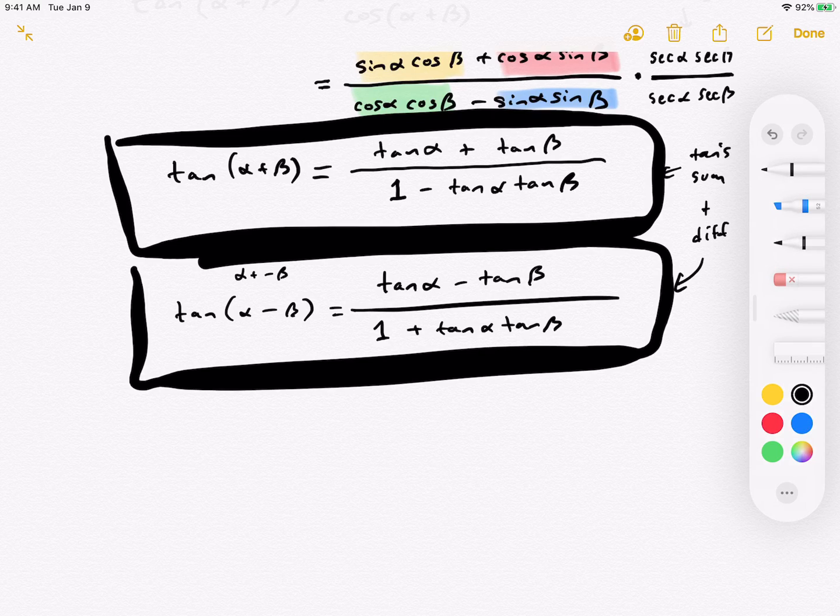Okay, so next, in the next video, we're going to talk about how we can use these to get the so-called double angle identities. So I invite you to think about this for a few seconds.